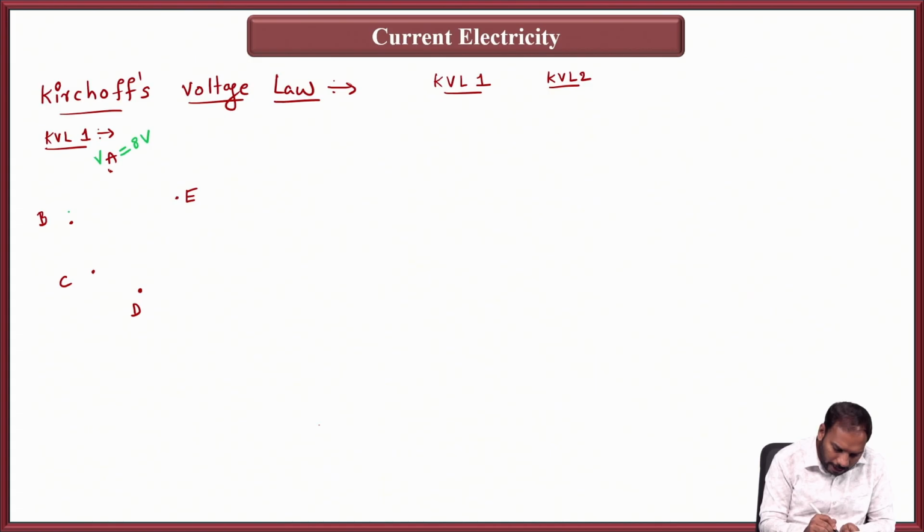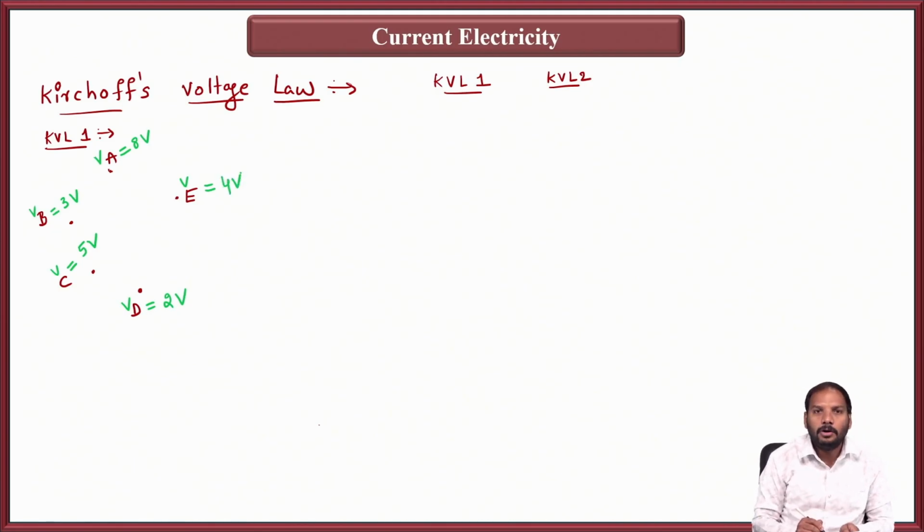The potential at node B, 3 volts. Potential at C, 5 volts. Potential at D, 2 volts. Potential at E, 4 volts.